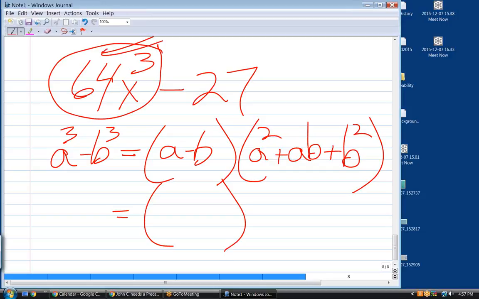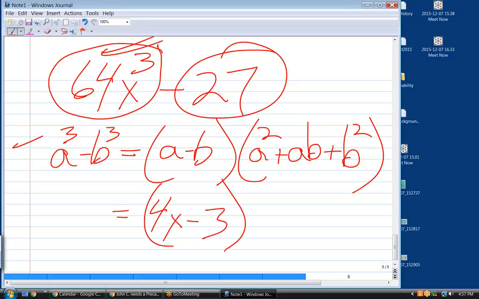I know the square root is 8, but we're not dealing with square roots. We're dealing with cube roots. So we need to take the cube root of that, which is 4x. What's the cube root of that? 3, exactly. So there's your first term.